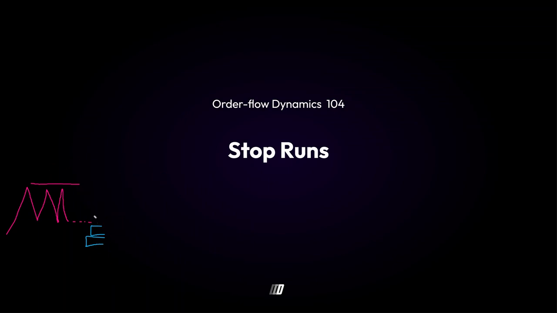So let's say now price moves here and we approach this level, and there's a lot of buy stops here, right? Let's say this is buy stop, buy stop, buy stop, ready to enter the market. You have passive buyers here, and then you have passive sellers here.